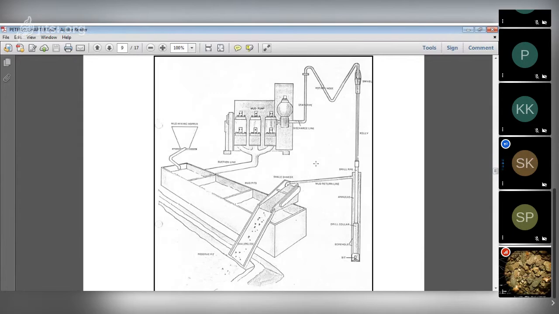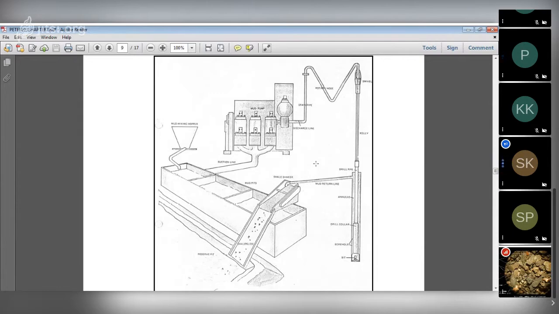So we have to keep all the records, and get familiar with the mud system also: what properties we need to know, and how they affect things. If mud weight is not sufficient, what will happen to the well? We drill overbalance and underbalance, right?